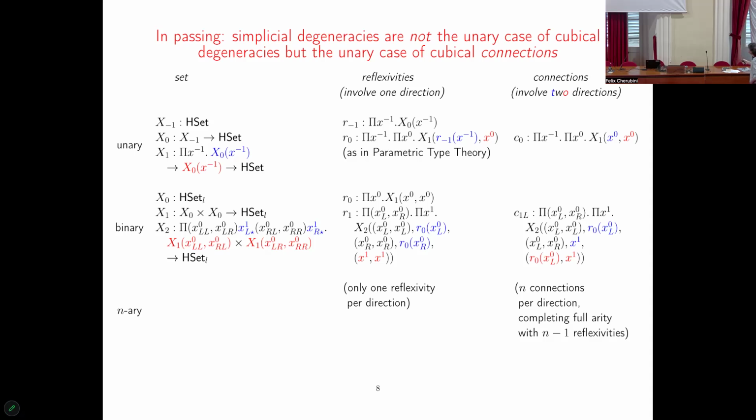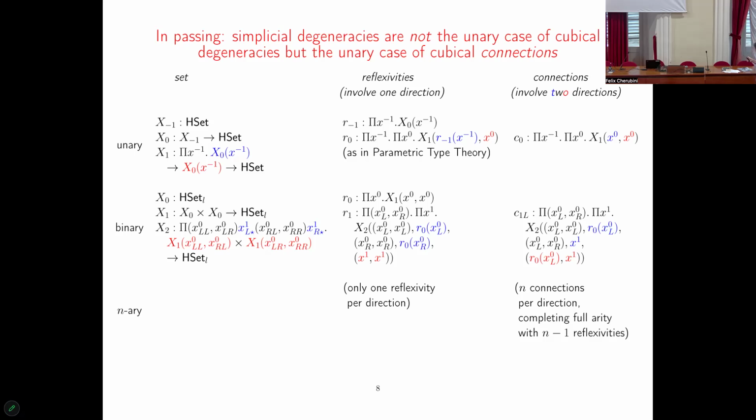Then when we degenerate the connection to the unary case, what we have is a lift from the dimension 0, which is the dimension of points for semi-simplicial types, x0, to a line connecting two points, but these two points in the semi-simplicial case live in two different directions.